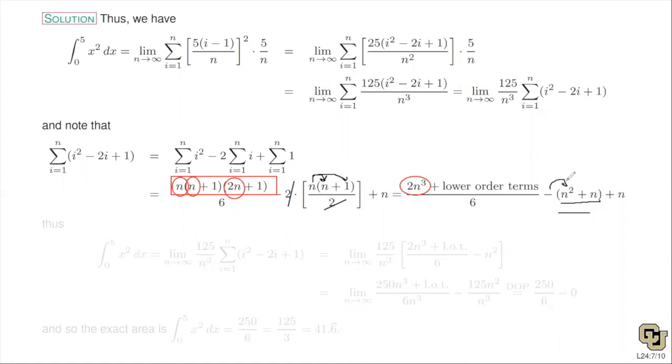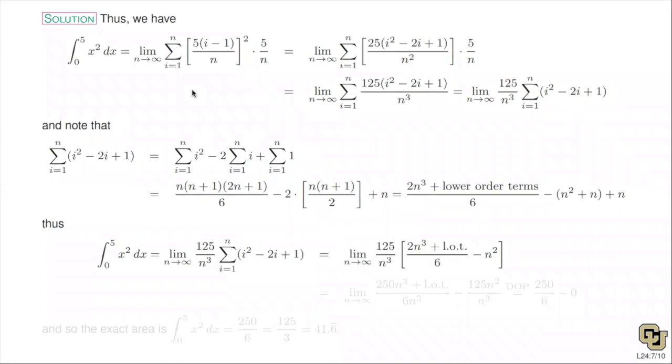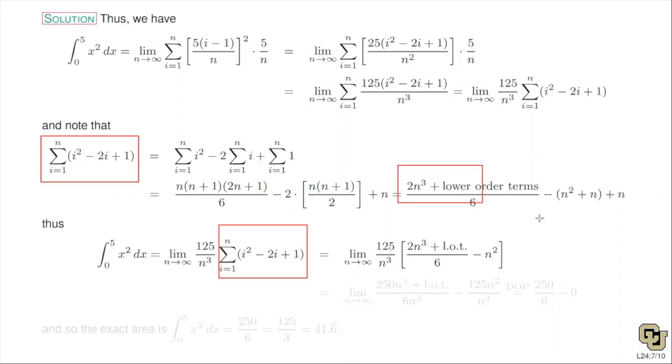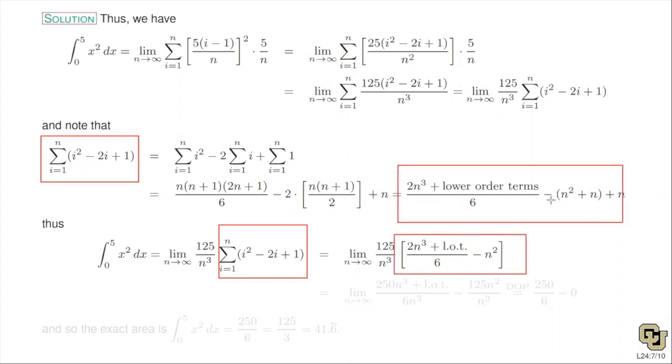And then if you distribute this minus, you get minus n squared, minus n plus n, these n's cancel. So at the end of the day, this is what we have. So I've replaced all of this with this, which is right here, simplified, where I did the minus n and the n canceled.